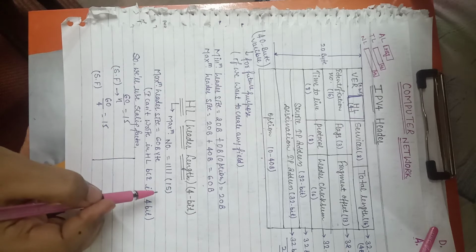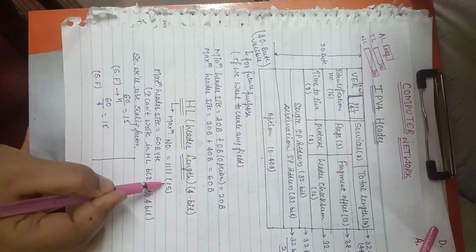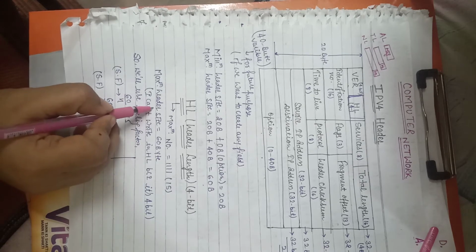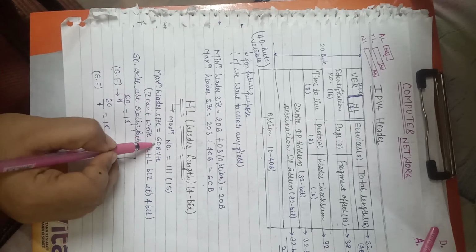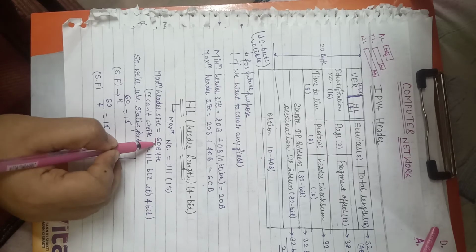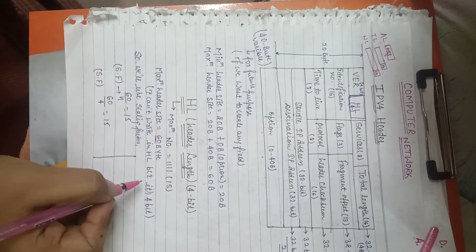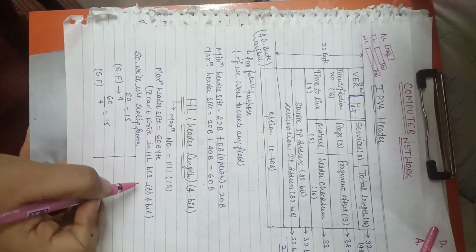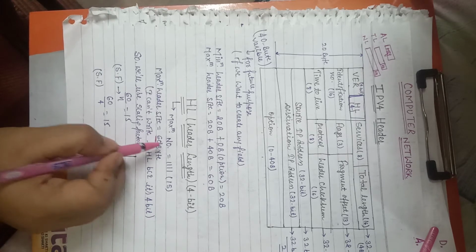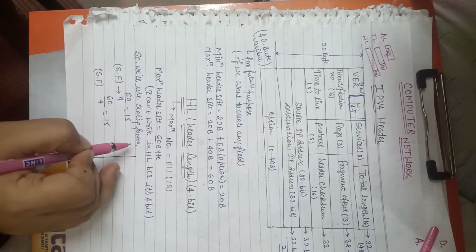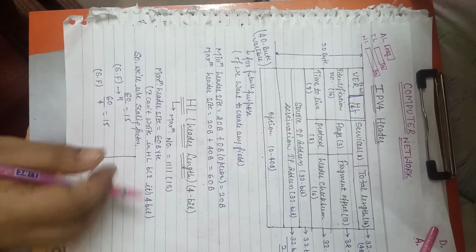So the maximum number we can adjust in the header length is 15. If the header size is 60 byte, we cannot write 60 in 4 bit. So what shall I do? We should adjust it in 4 bit only. So here the concept came: the scaling factor. What is a scaling factor?